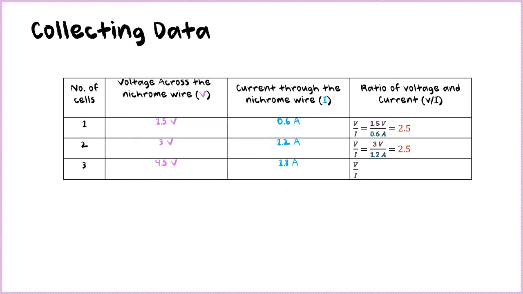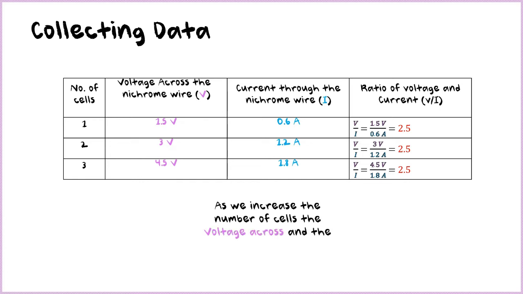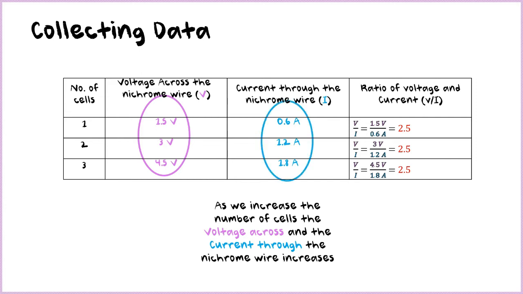Again, our ratio would be 4.5 divided by 1.8, which is equal to 2.5. So as we increase the number of cells, the voltage across and the current through the nichrome wire increase.